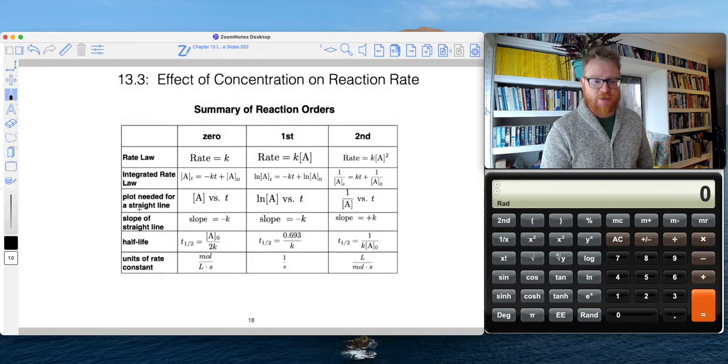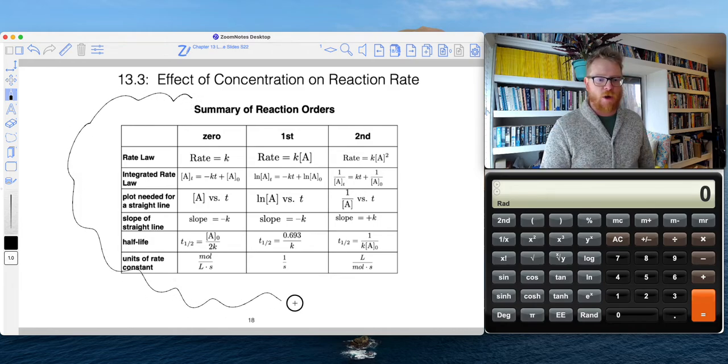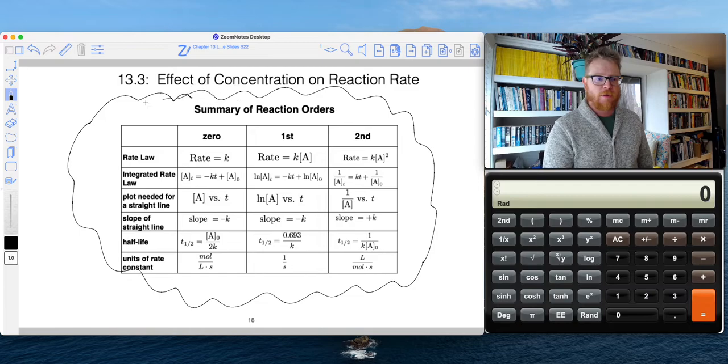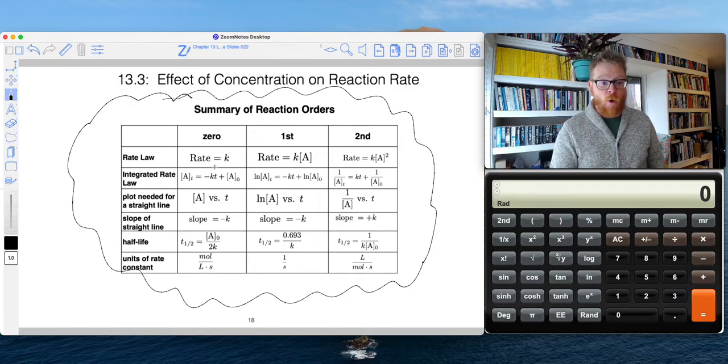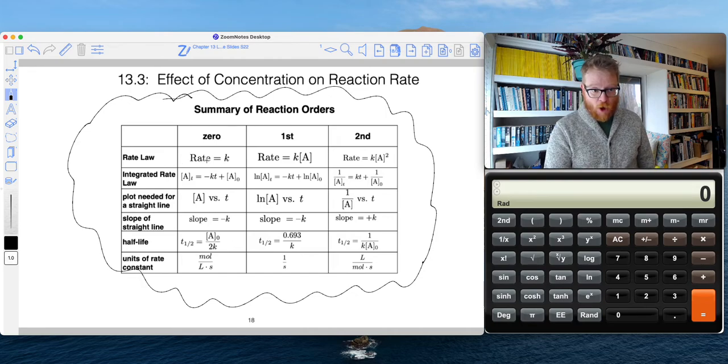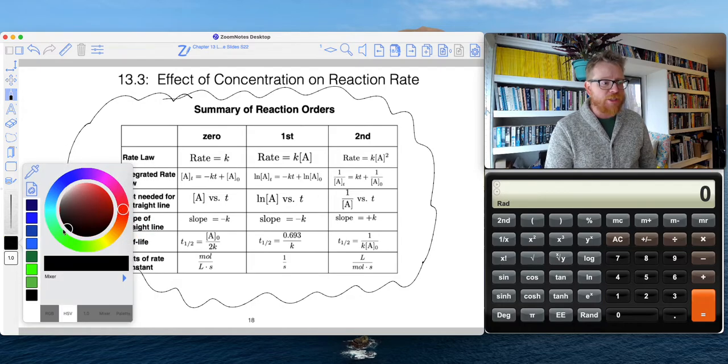I want to shift now to the summary document. This is everything I want you to know about these reactions we've talked about: zero, first, and second order. You should be able to call up the rate law for a simple example. The integrated rate laws are equations that I'll give you.